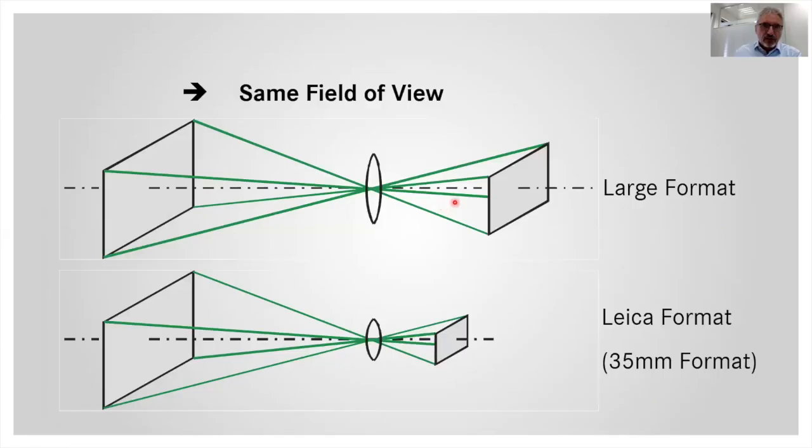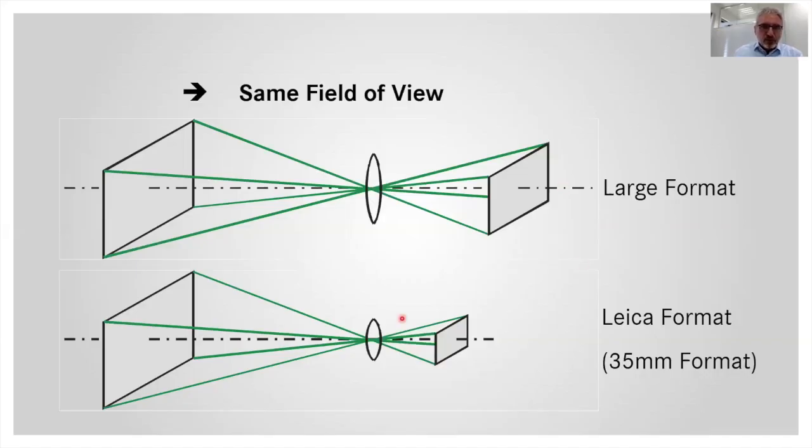The reason for that was that with a large format camera, you have a large focal length, and with a large focal length, the depth of focus is very small, and you have to stop down very much. And so, due to the low sensitivity of the film or the photographic material at that time, you had to expose for a longer time.